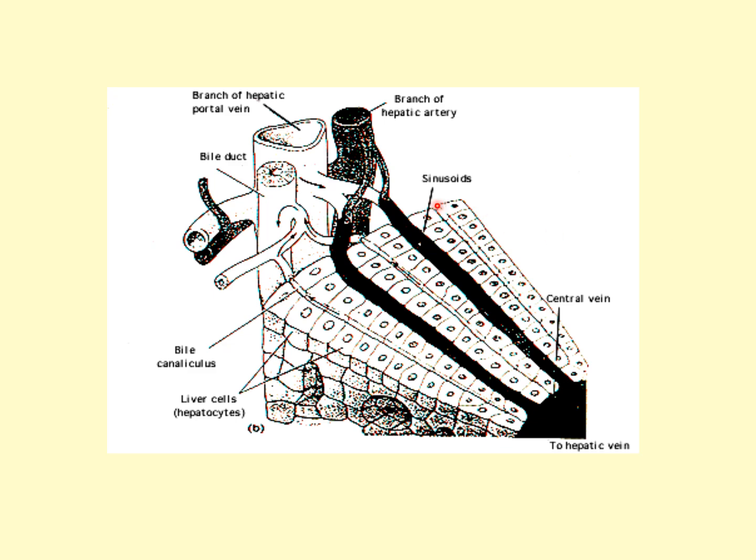This is also the same, a photographic view of it. Here the hepatic portal vein and the hepatic artery supply the lobule, the central vein is in the center, and in between these hepatocytes there are bile canaliculi that form the bile duct.